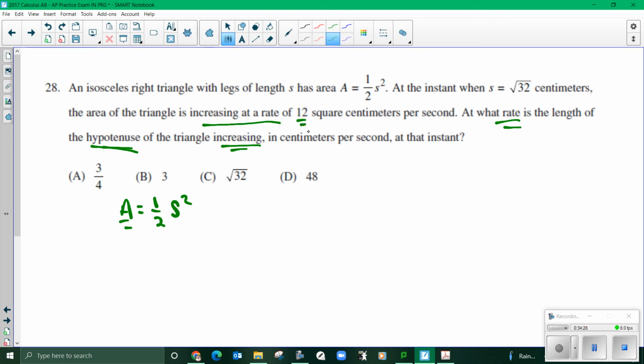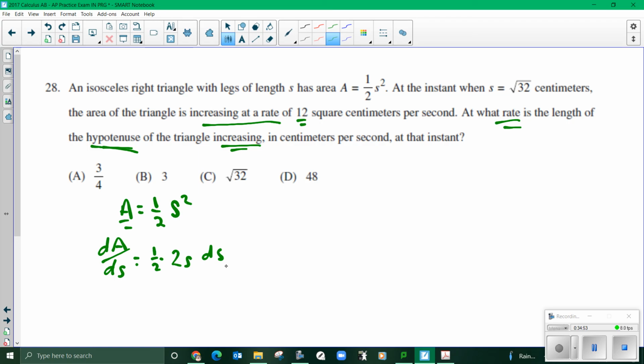So the change in area, dA, with respect to time, let me take the derivative here: 1/2 times 2s ds. Anytime I take the derivative of an s, I need to put ds next to it.